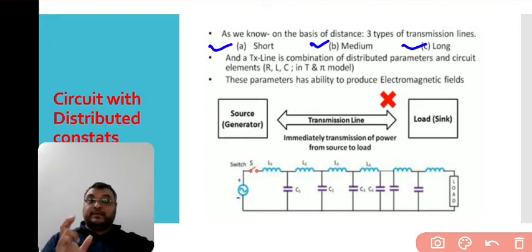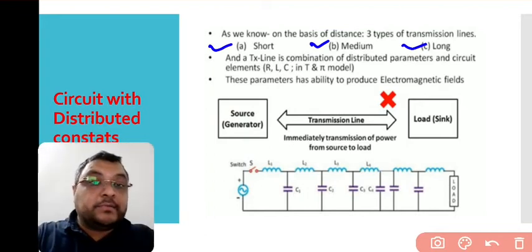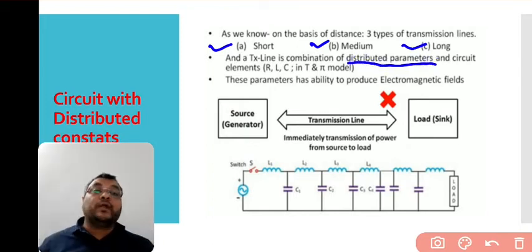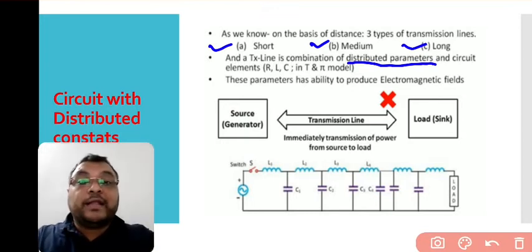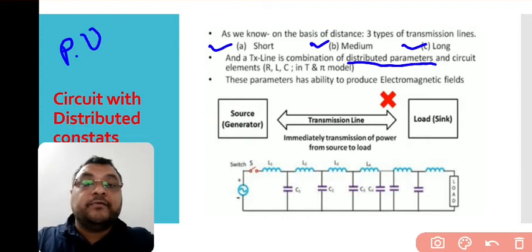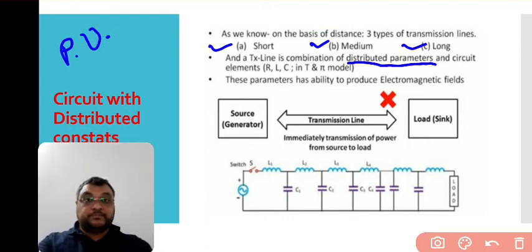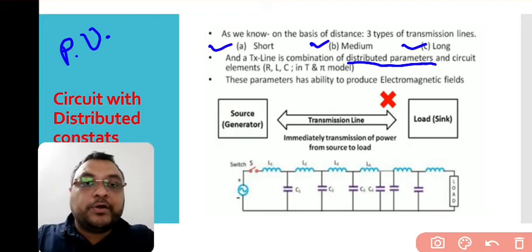I hope you understand what I discussed about distributed parameters. So what do distributed parameters mean? For the per unit length, you know the PU system, which is always considered when you are talking about the power system.